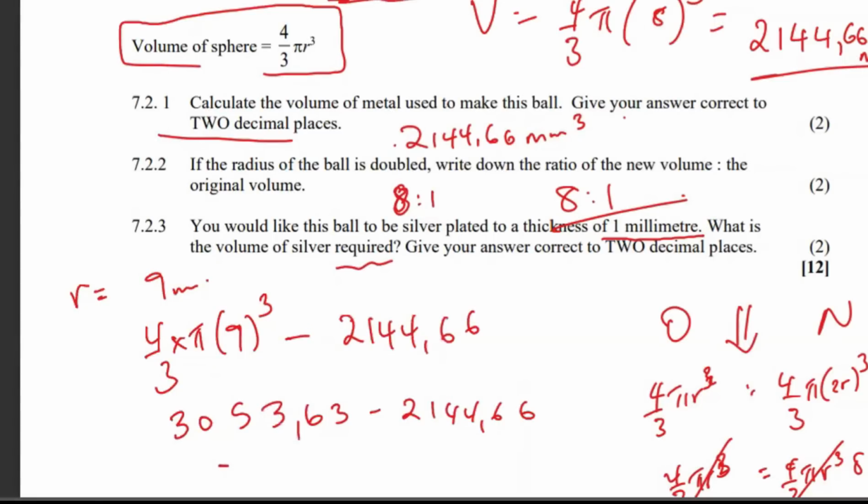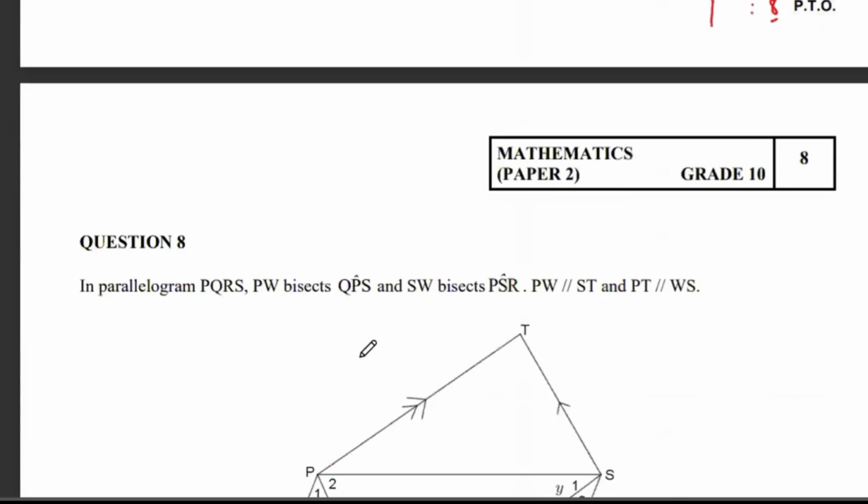All right, so when you subtract that, I'm getting something funny, which is 908,97. This is millimeters cubed. So that's the volume of the silver that must be used.